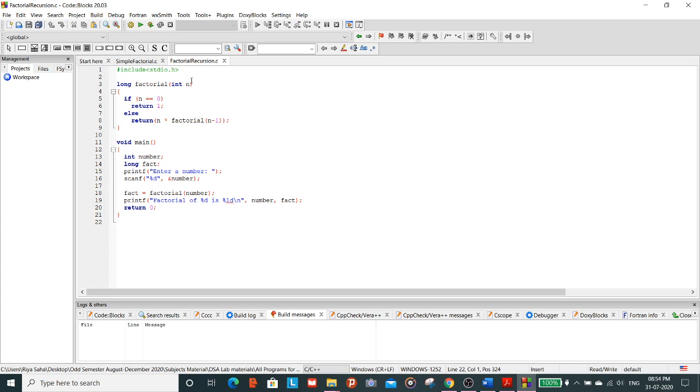Factorial of integer n: if the n value is 0, it returns 1. And if n is not equal to 0, control comes to the else part and returns n multiplied by factorial of n minus 1. As in the previous example, 5 into f of 4, again 4 into f of 3, in this way.